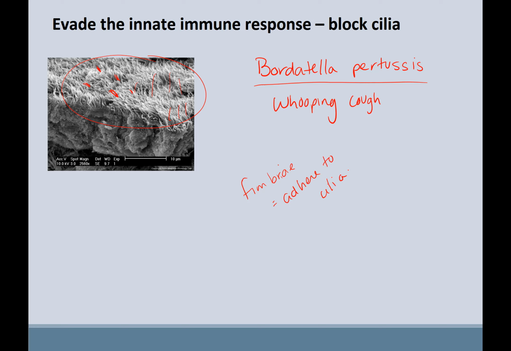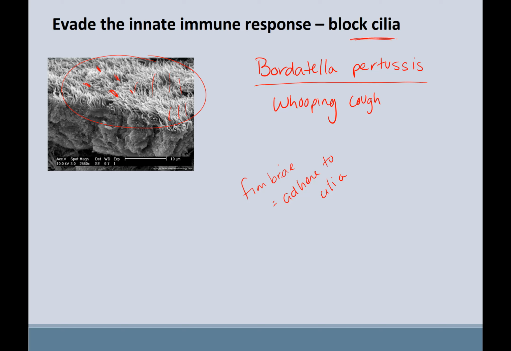So now it has a nice place to colonize and grow and cause this. That's the whooping cough sound when people have that type of infection. It causes inflammation. It just causes a hard time to breathe. As adults, we usually can get over it, but it's really hard on children.